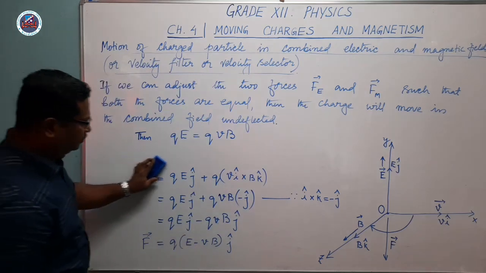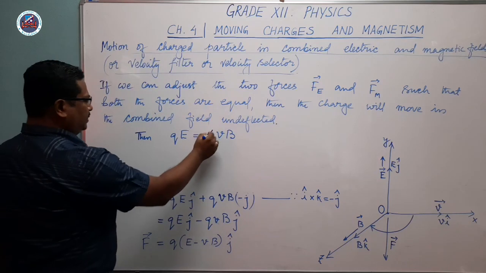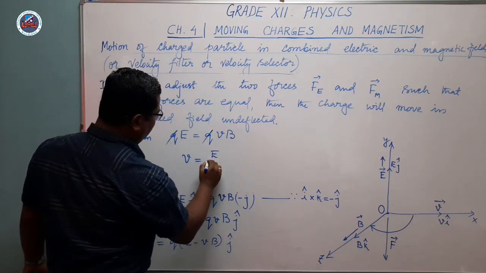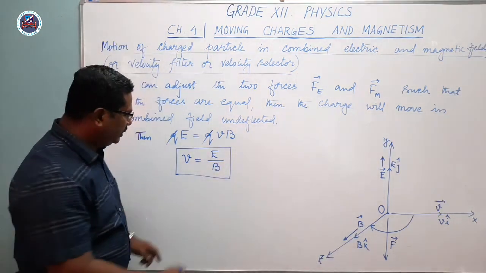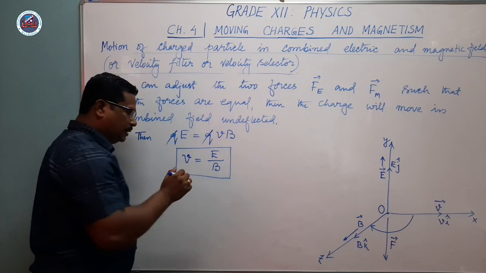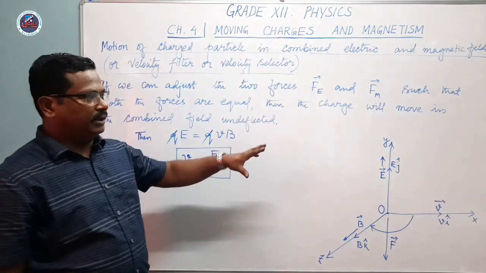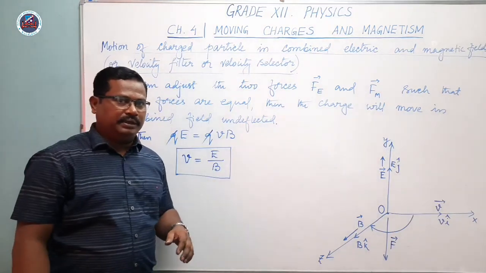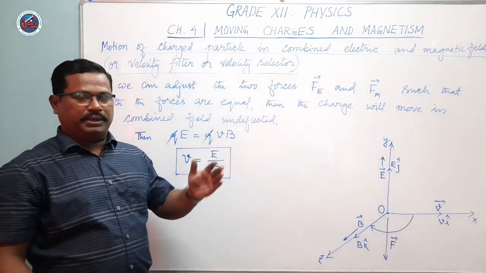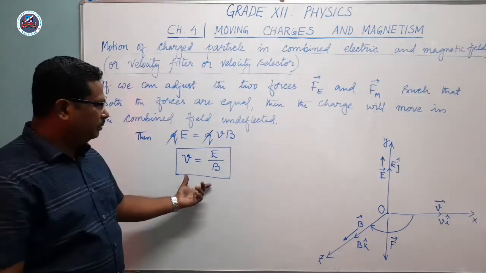In this case, Q you can cancel out, and V is equal to E by B. So this velocity will tell you at what velocity you have to send the particle in the combined electric and magnetic field so that it will move in a steady path. It will not get deflected towards the magnetic field or towards the electric field. This formula will tell you.